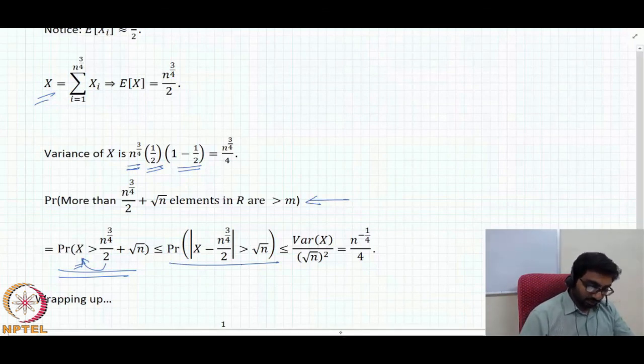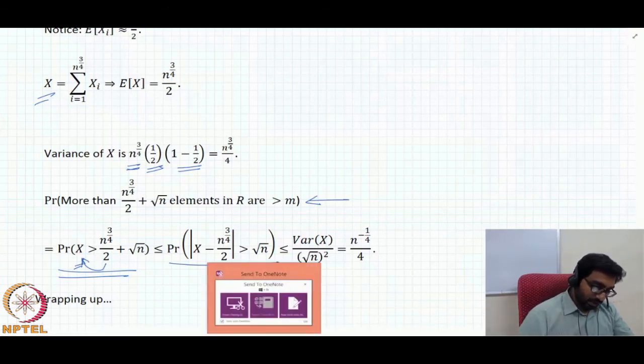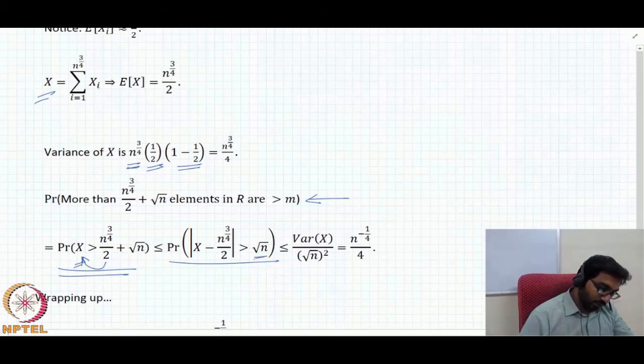This probability is at most the variance of the random variable X divided by the square of the right hand side over here. Since it's square root of n, this essentially is just divided by n.